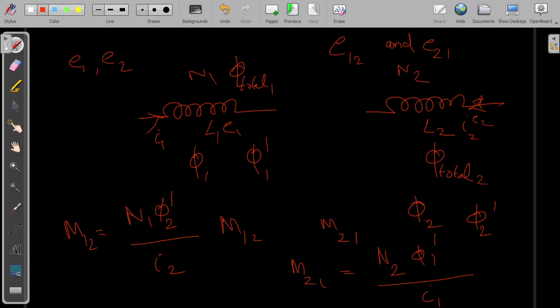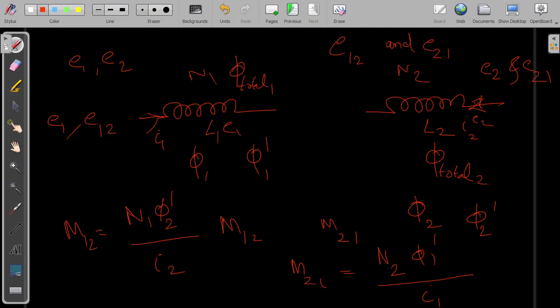So in this coil we have two induced EMFs, that is E1 and E12. And in this coil, we again have two induced EMFs, that is E2 and E21.